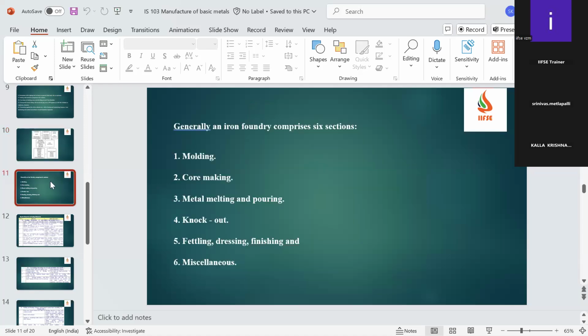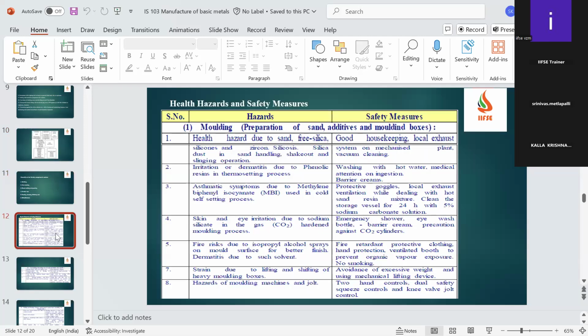Moving further, as we have seen molding, core making, melting of metal, knockout, fettling and other miscellaneous activities, we'll see what the specific hazards are with respect to each process. When I say mold preparation and sand activities, these are the hazards.